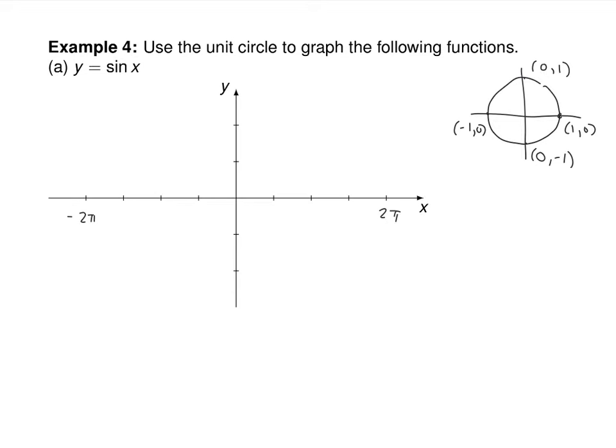Okay, so beginning at an angle of 0, the coordinate of sine is 0. By pi halves, it's up at 1. Pi, it's at 0. 3 pi halves, we're down at negative 1. And at 2 pi, we're back to 0.